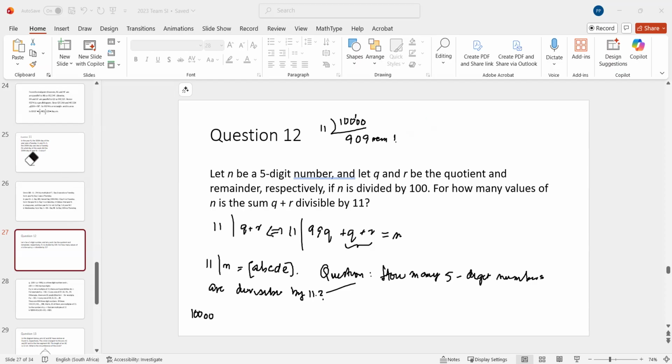So the smallest 5-digit number that is a multiple of 11 is 10,000 plus 10. So that's 10,010.